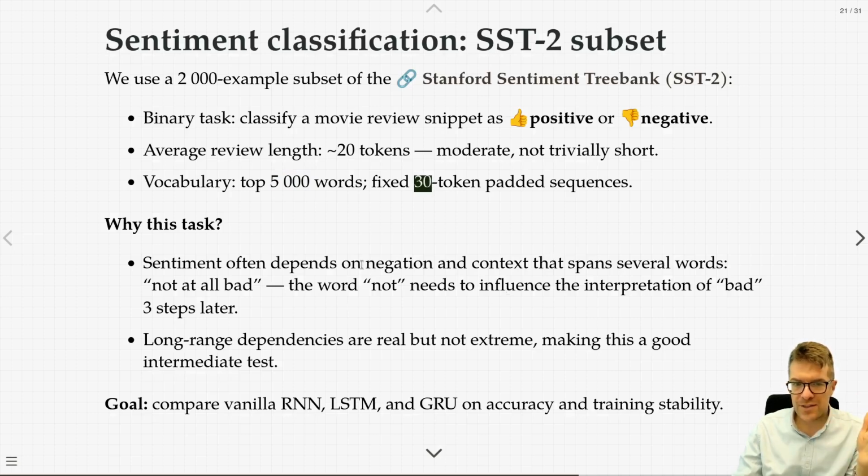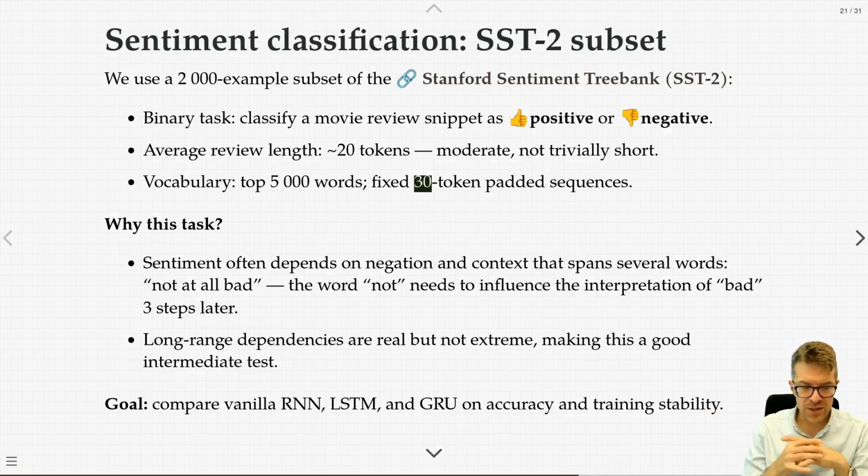So indeed, this sentiment, telling whether or not a review is positive or negative, requires information that can span a range that's normally outside of a small window, and it can span over an entire sequence.